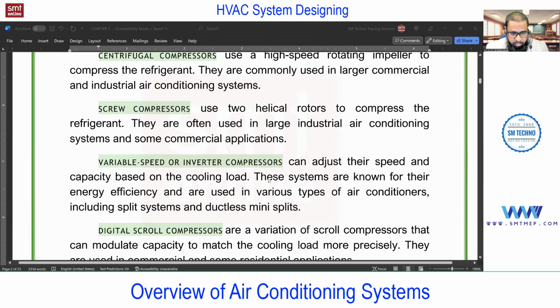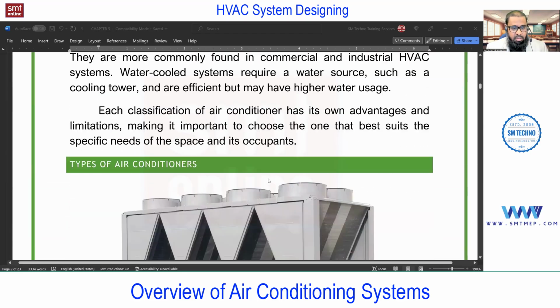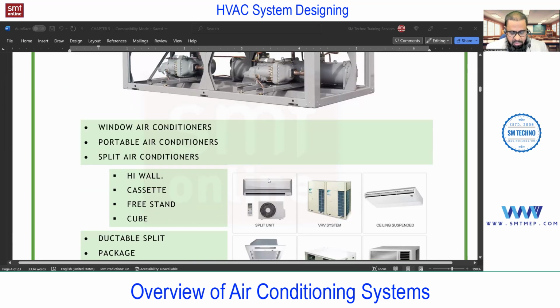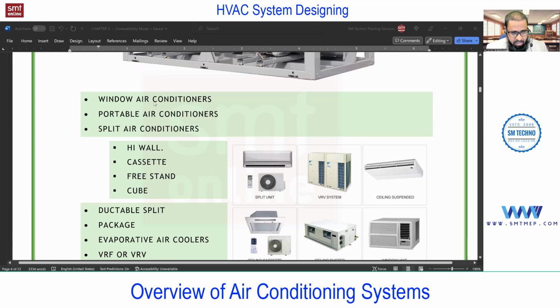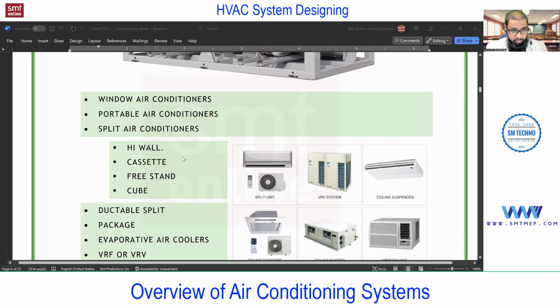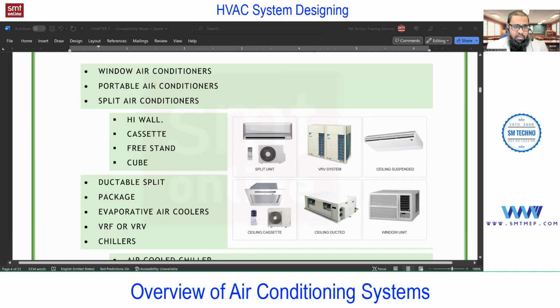Now the important topic starts from here: types of air conditioners. So today let me read these types first, then we'll expand these types in detail. If we talk about the types of air conditioning which are used in actual practice, first in the list is a window AC, commonly used for small spaces.